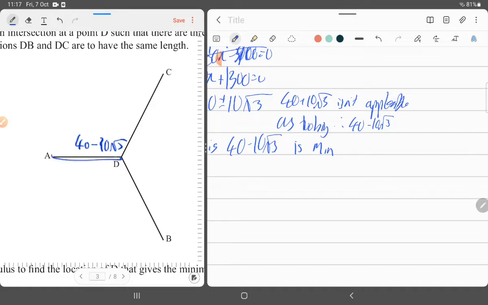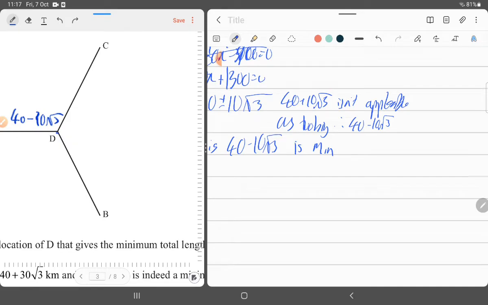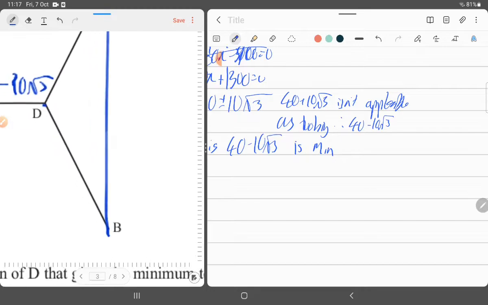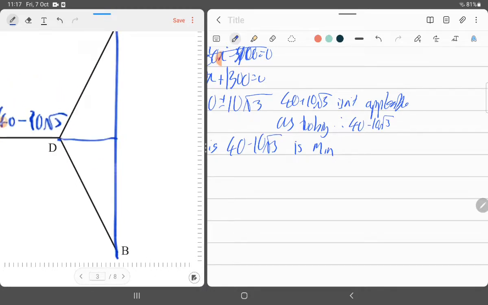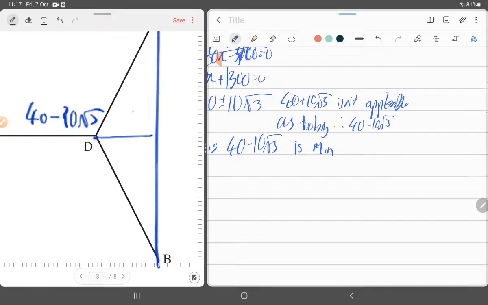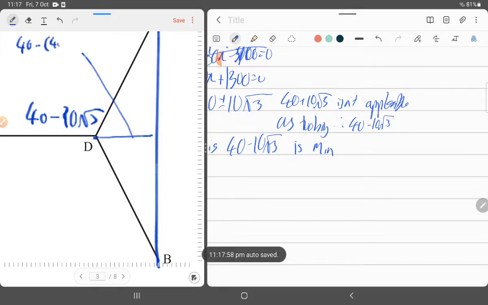So this length is 40 minus 10 square root of 3. Oh. Then here, this part is 40 minus 40 minus 10 square root of 3, so that's just 10 square root of 3. So here is 10 square root of 3, oh actually yeah, that was pretty obvious.